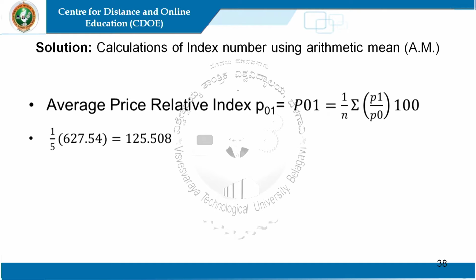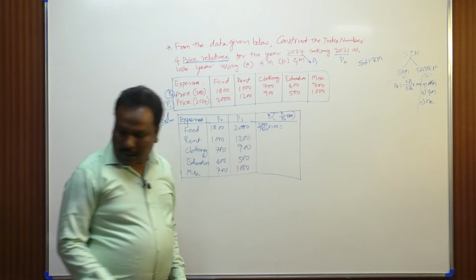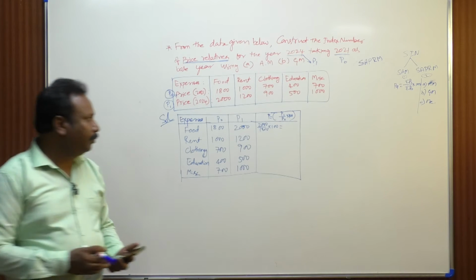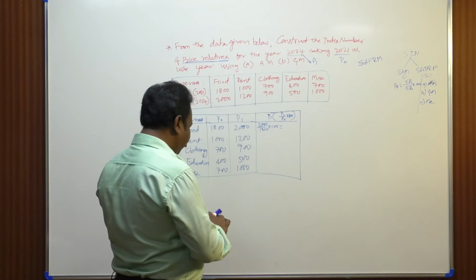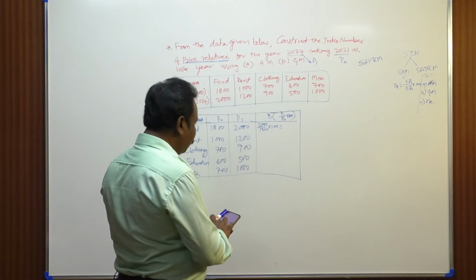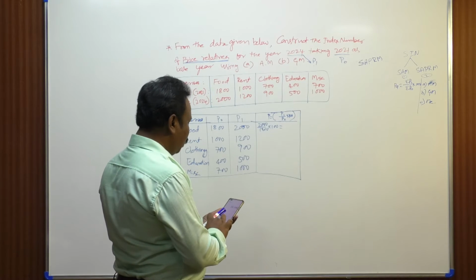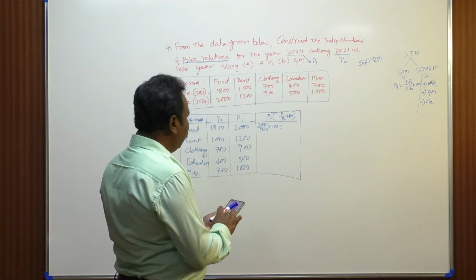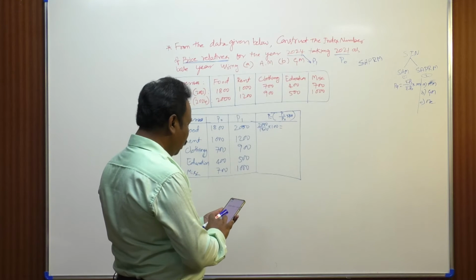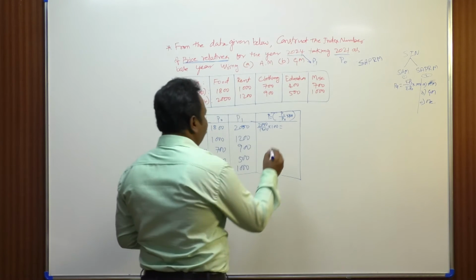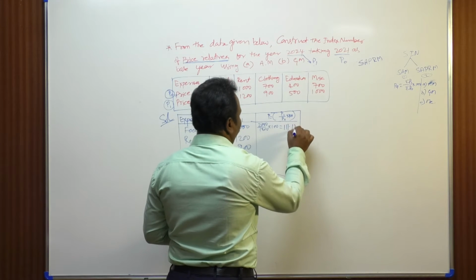Using a calculator, you can evaluate the values. 2000 divided by 1800 into 100 equals 111.11.